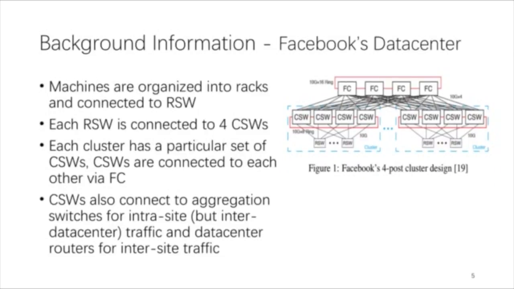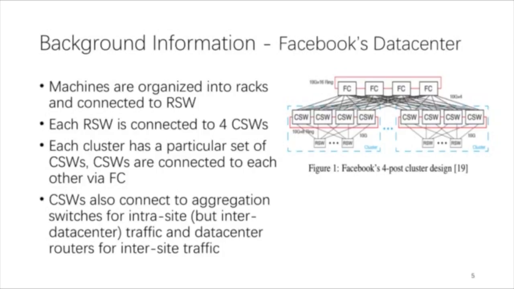And as we can see, machines are organized into racks and connected to top-of-rack switches. So racks are not shown here, but we can see the top-of-rack switches. So each top-of-rack switch is connected to 4 cluster switches, and each cluster has a particular set of cluster switches.